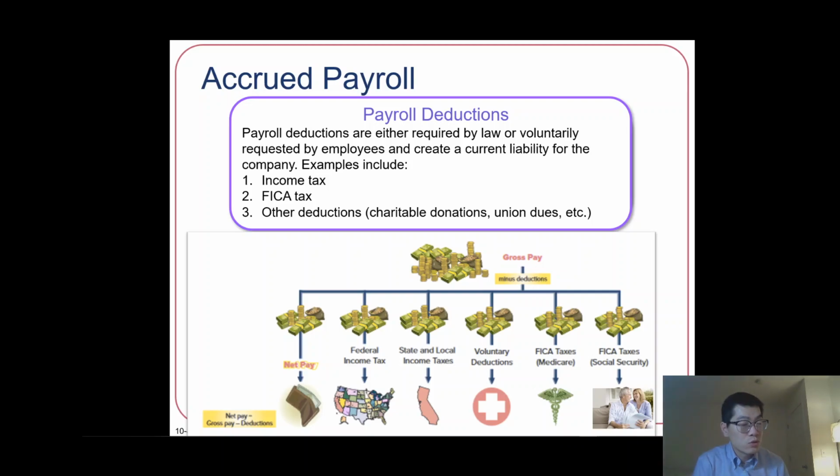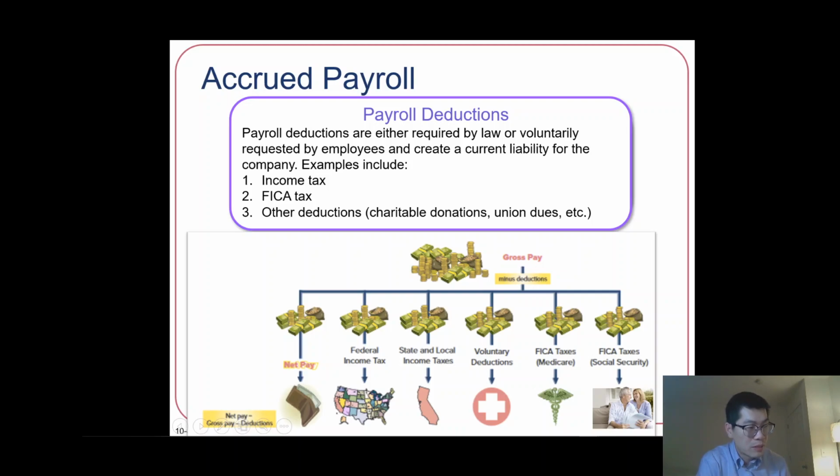And the Medicare tax is 1.65% of your gross income. After we deduct all of these taxes, you have something called net pay, which is your take-home payment.